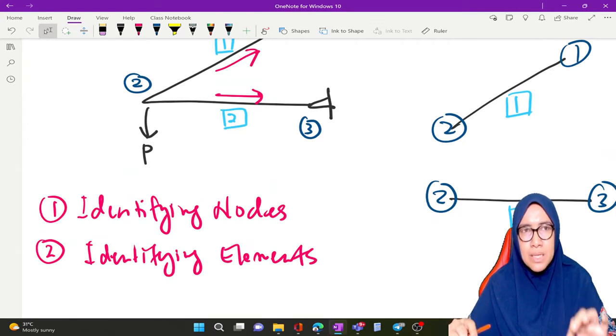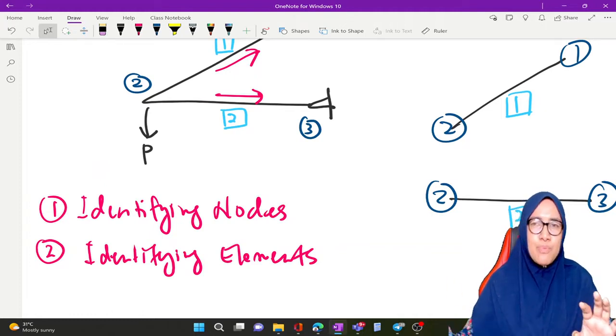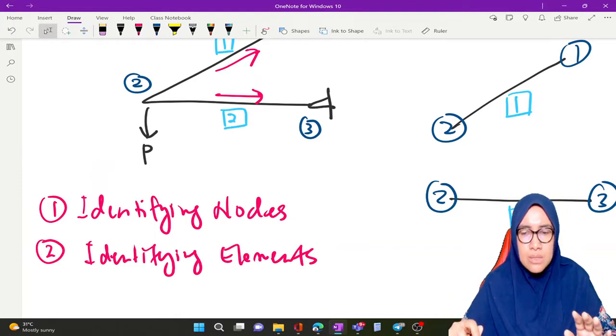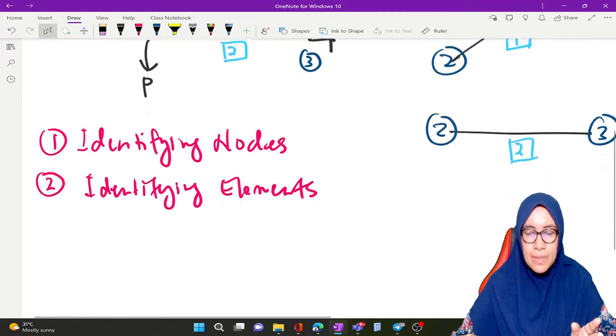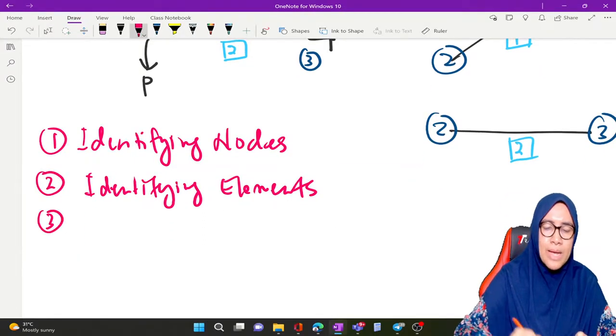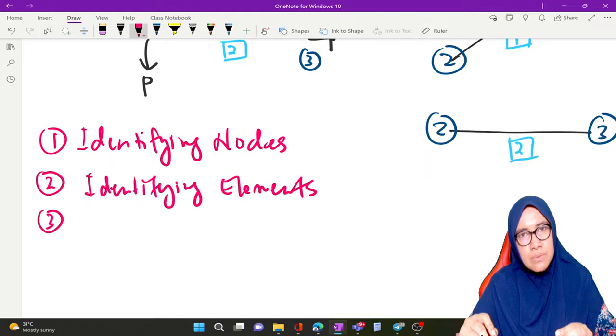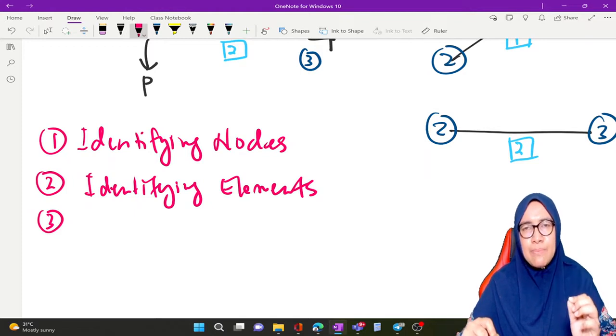Number 3, we have to put an arrow, because we have to label the near end and far end for each element. What should be put inside the free body diagram of the truss?